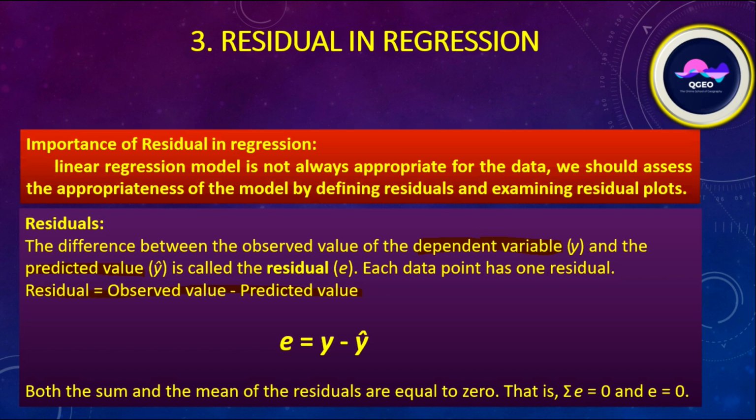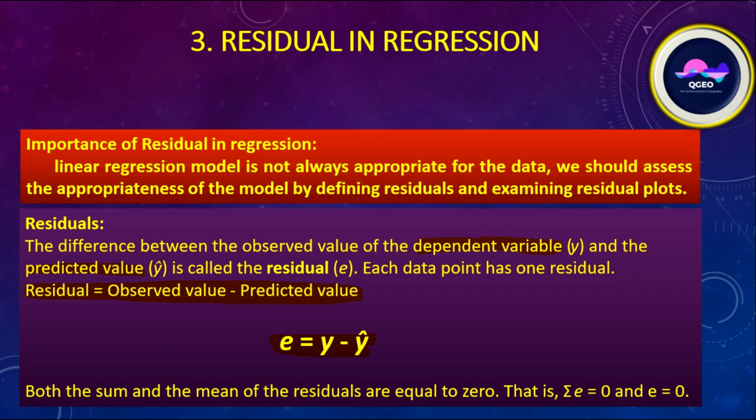You can see it here, e is equal to y minus y dash. Both the sum and the mean of the residuals are equal to 0. That is, summation of e is equal to 0 and the mean of e is equal to 0.